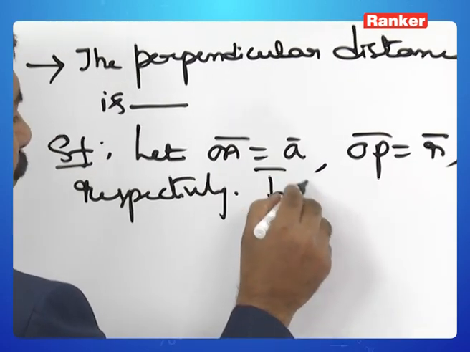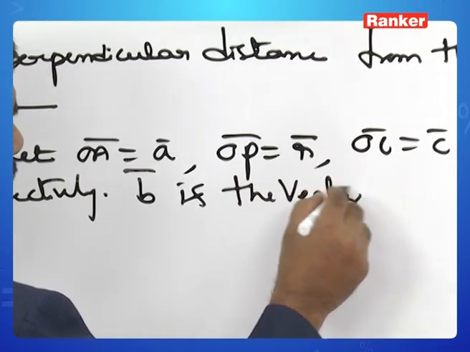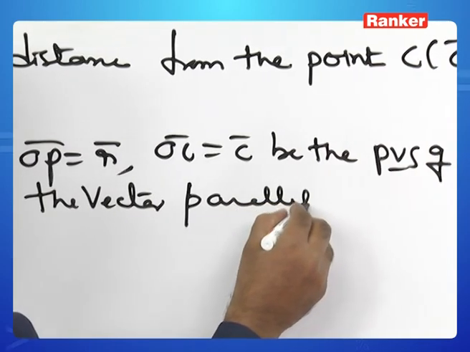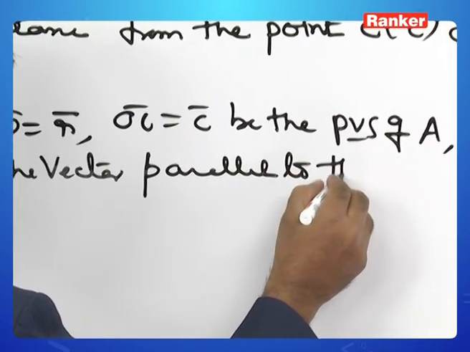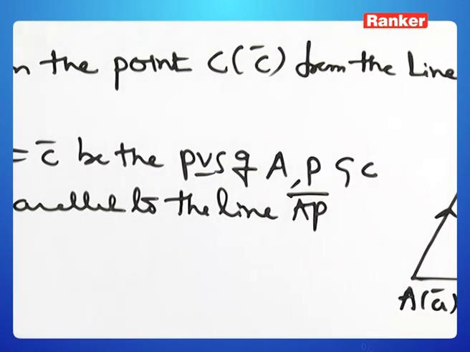B bar is the vector parallel to the line AP bar.